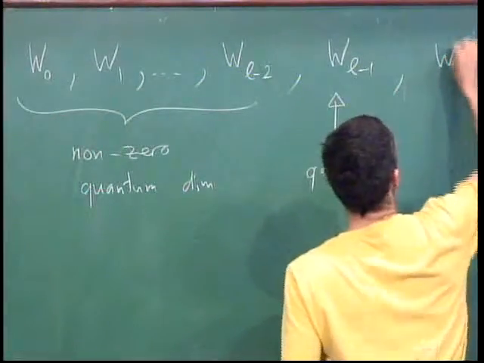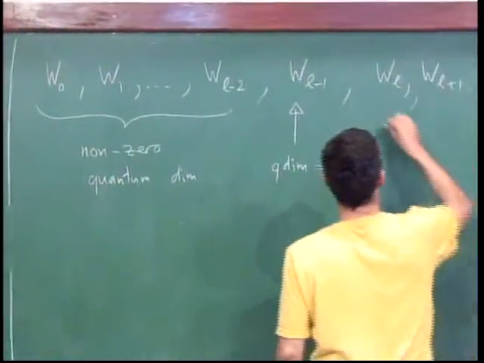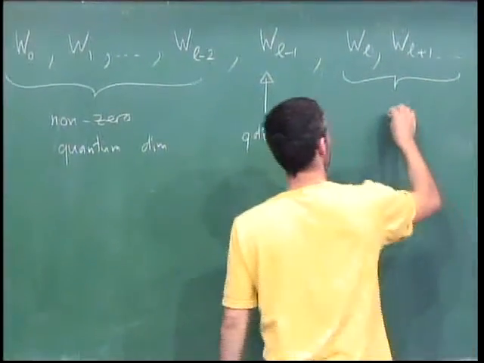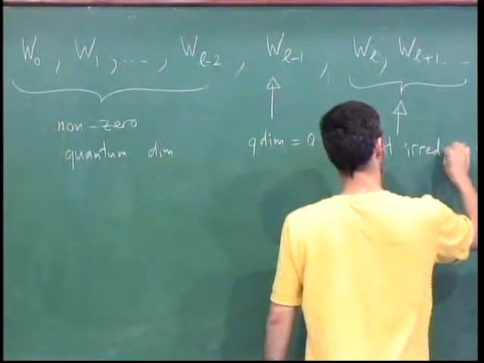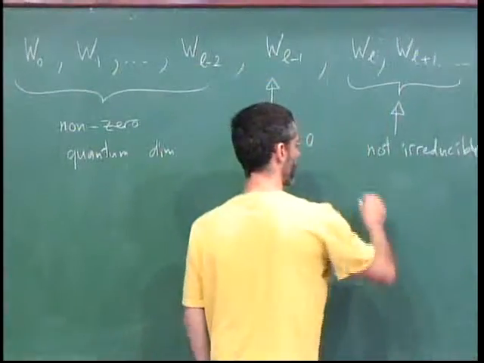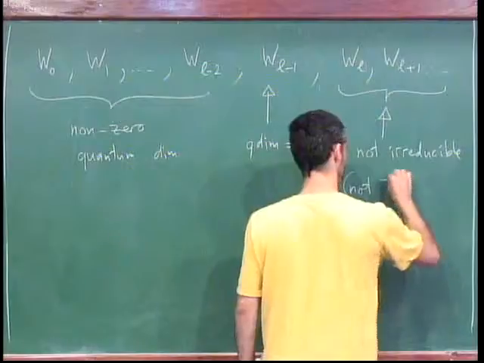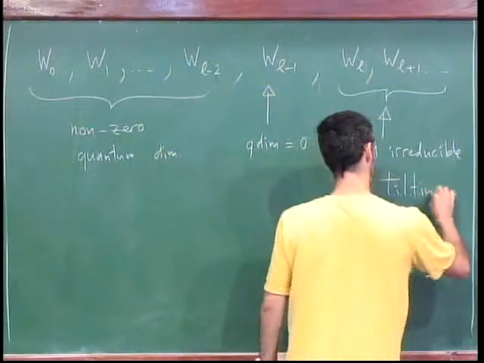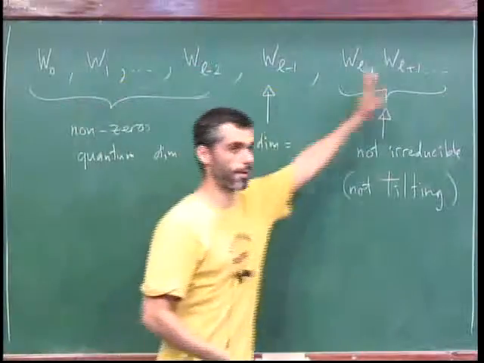And then the next ones are no longer irreducible, in particular, not tilting. So they're not in the category that we're looking at, and we don't look at them.